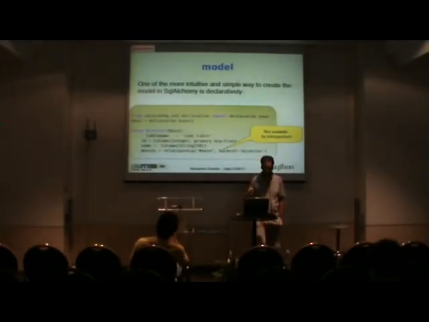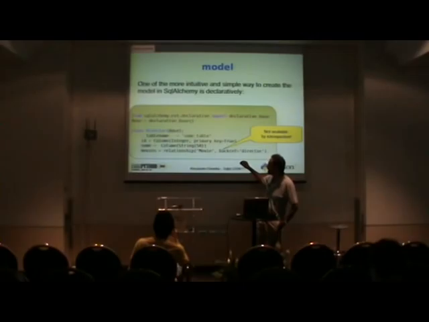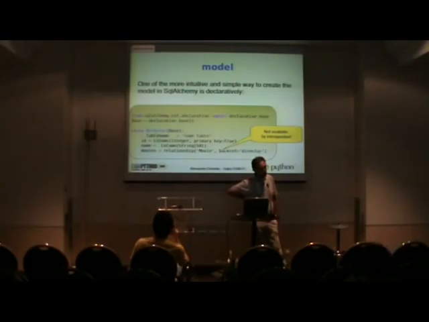The model is easily made with the declarative syntax, but can be made in other different methods. But now we're not talking about that, so let's just focus on the easier way, okay?